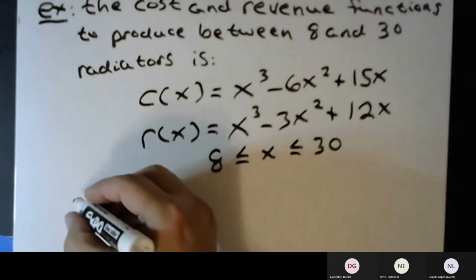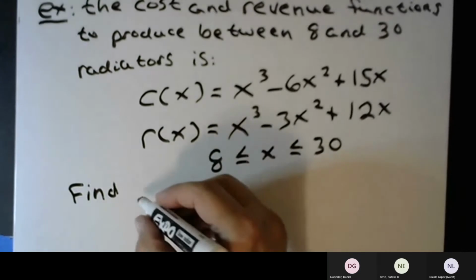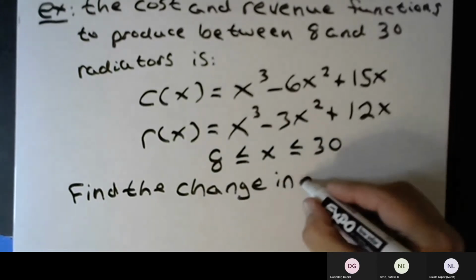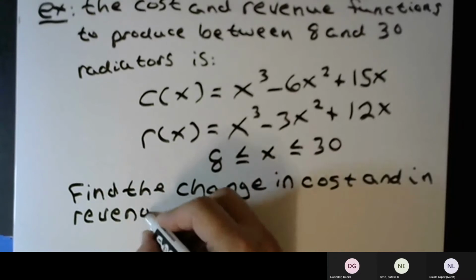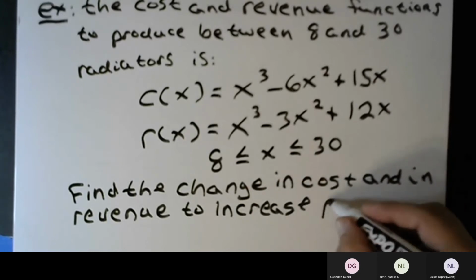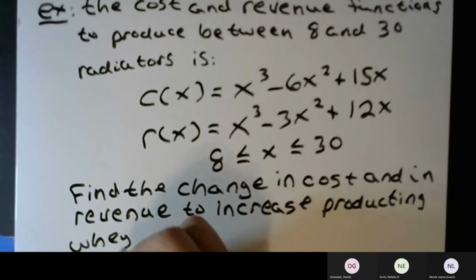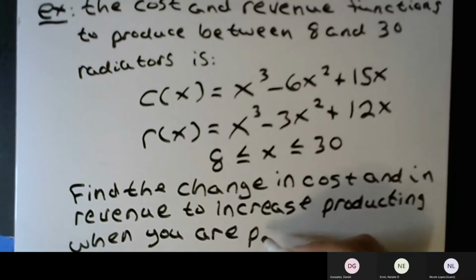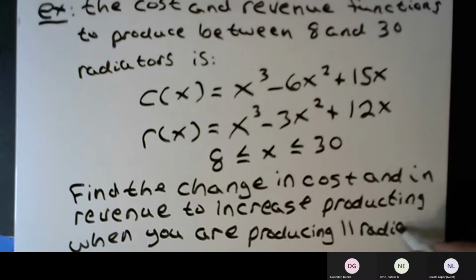So the question we're going to ask is this: find the change in cost and in revenue to increase production when you are producing 11 radiators.